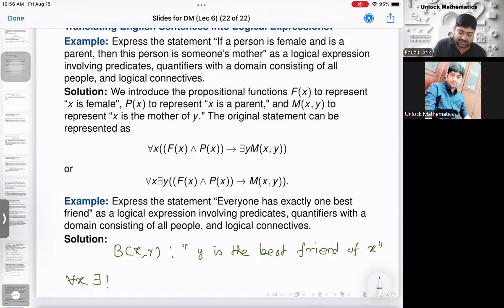So there exists a unique y such that y is the best friend of x, written B(x, y). Therefore, this way you can say that everyone has exactly one best friend. What is the domain of it? The domain consists of all people in the world. I hope these are clear and easy.